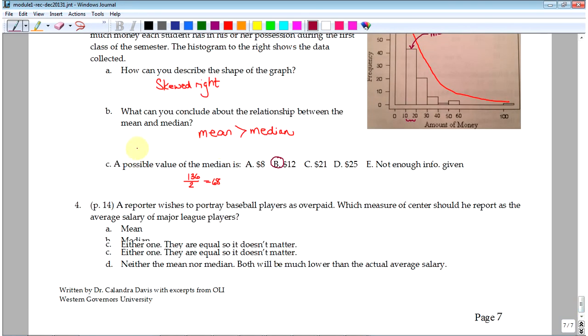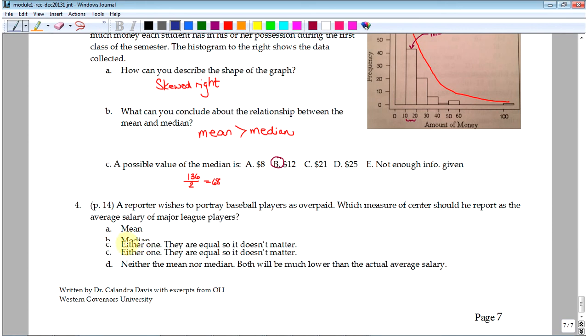Okay, in our last example, a reporter wishes to portray baseball players as overpaid. Which measure of center should he report as the average salary of major league players? Keeping in mind the reporter wants to show them as being overpaid, should he use the mean or the median?